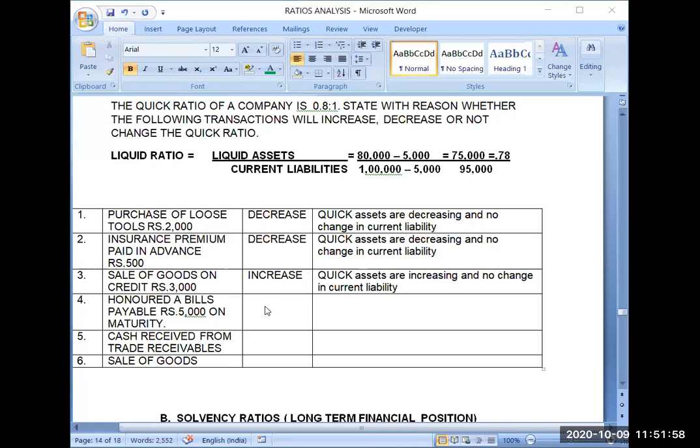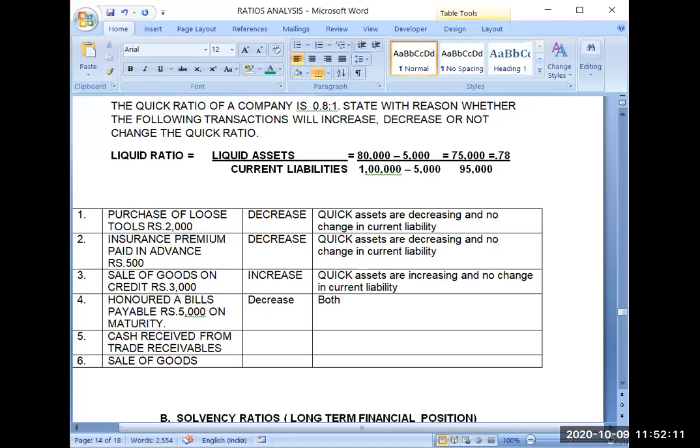So that's why you can answer here: decrease. And the reason will be both quick assets and current liabilities have decreased by the same amount. Both quick assets and current liabilities are decreasing by the same amount.